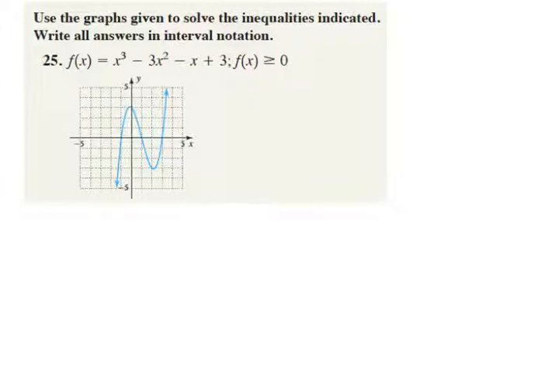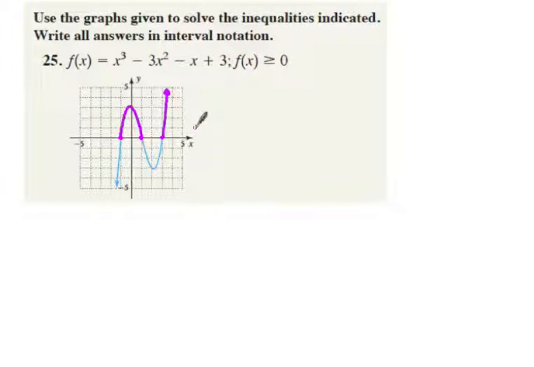We haven't quite taught you yet how to find the 0, so we're just going to give you the picture. And so what you'll see is, there's our 0 points. Those are important. When is this function greater than or equal to those points? Well, it's greater than in that spot, and it's greater than in that spot.